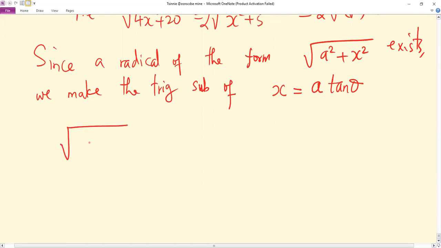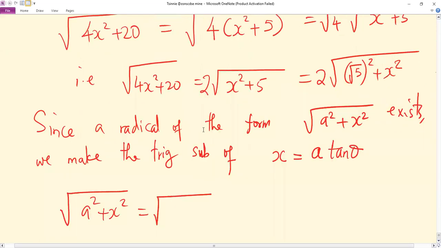Now, the square root of a squared plus x squared, if we relate it to what we have as root of 5 squared plus x squared, then this implies that a is root 5.